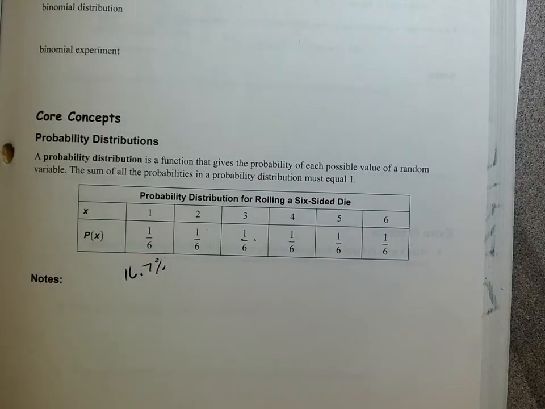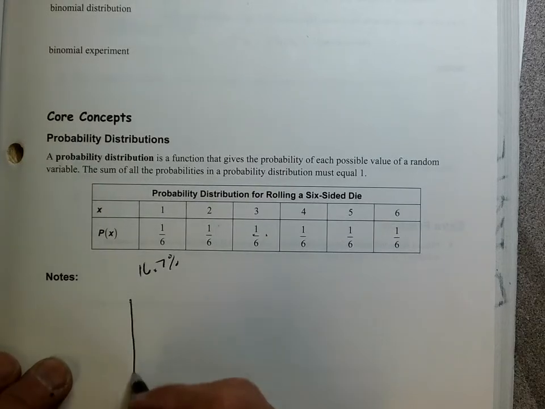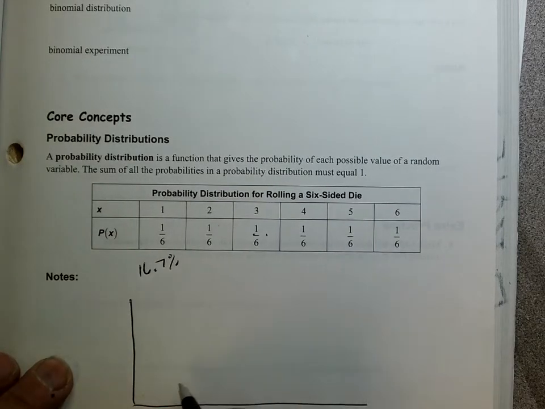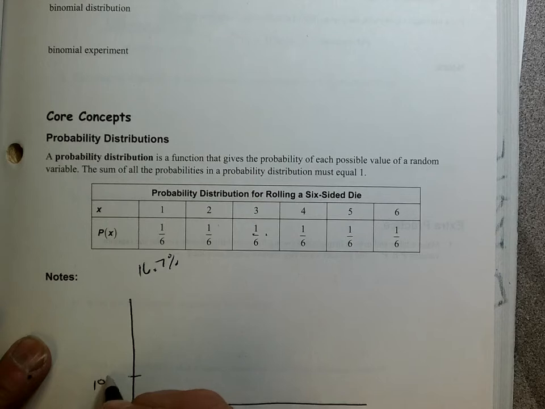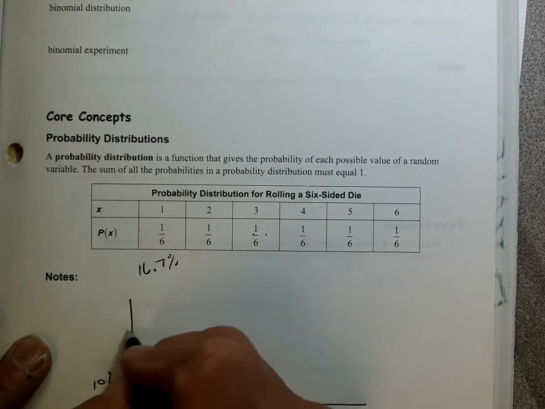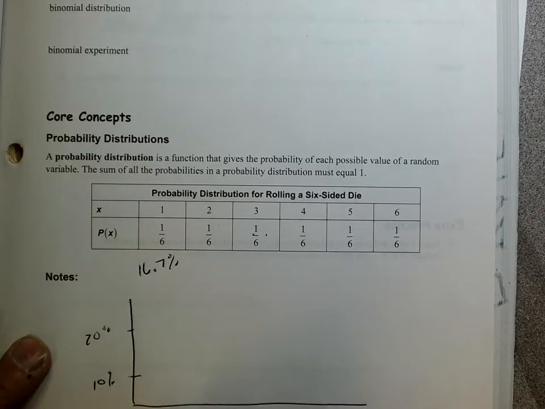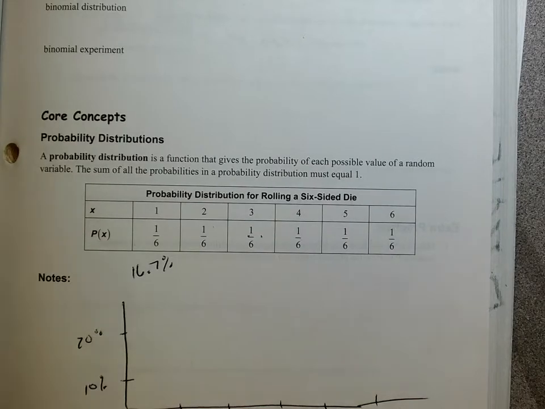So if I wanted to do kind of a distribution, a distribution would be like a bar graph. I'd do my bar graph like this, and I'd go maybe 10%, and 20%, and rolling a 1, rolling a 2, rolling a 3, rolling a 4, rolling a 5, and then rolling a 6. And it should be completely even.